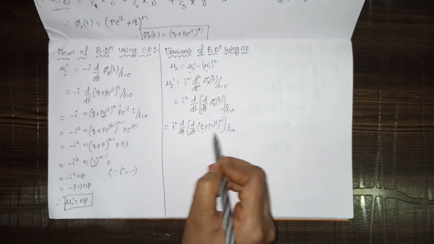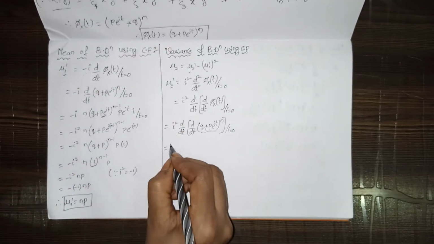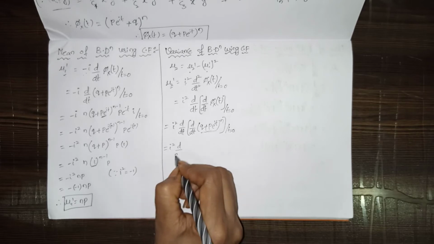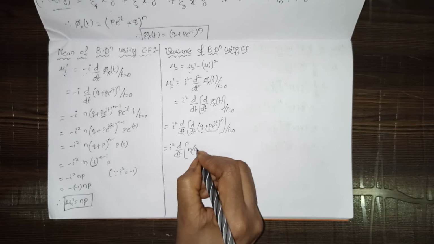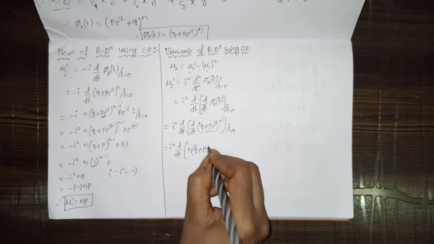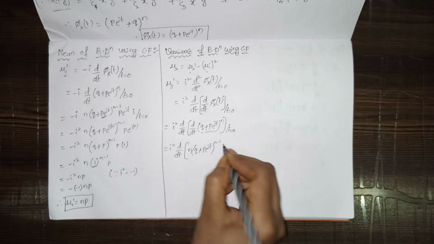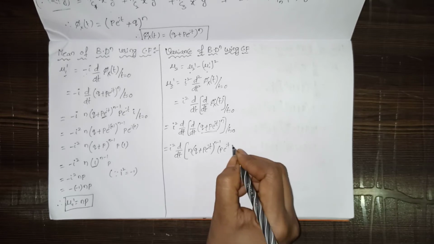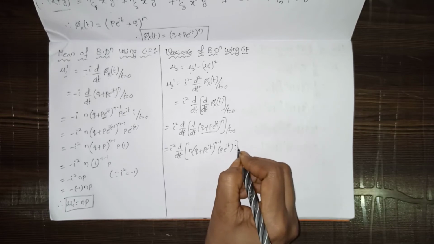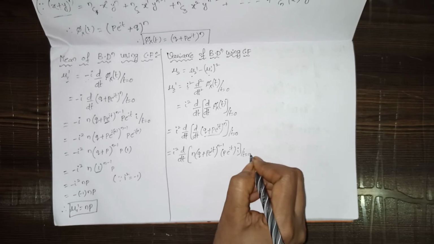First we have to differentiate this term. So i square into d by dt of n into (q plus p into e power it) whole power n minus 1 into p into e power it into i, where t equals 0.